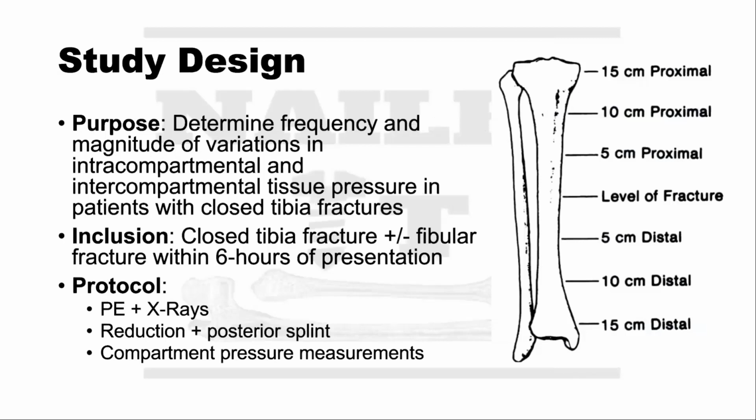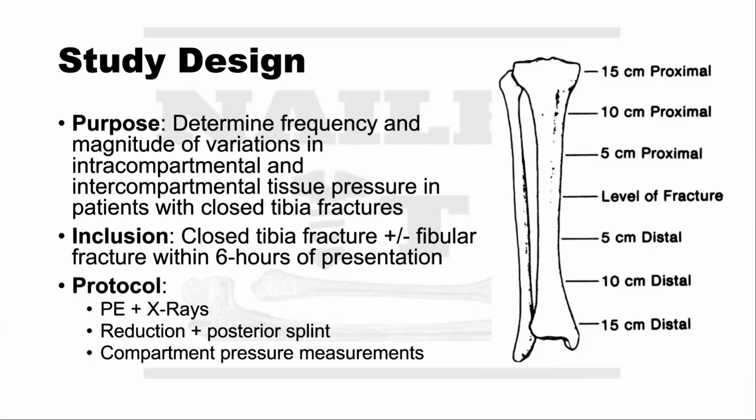So their purpose was to determine the frequency and magnitude of variations in the intracompartmental and intercompartmental pressures in patients with closed tibial fractures. And they included patients that had a closed tibia fracture with or without a fibular fracture that presented within 6 hours of injury.